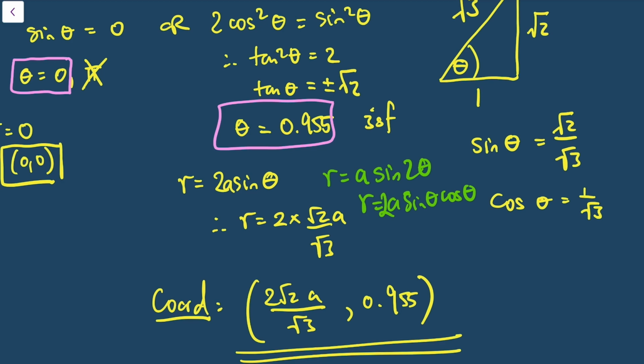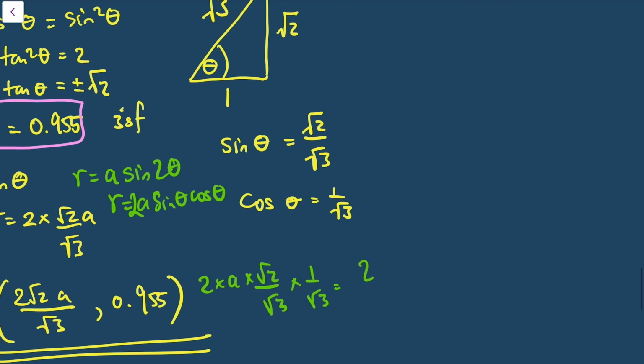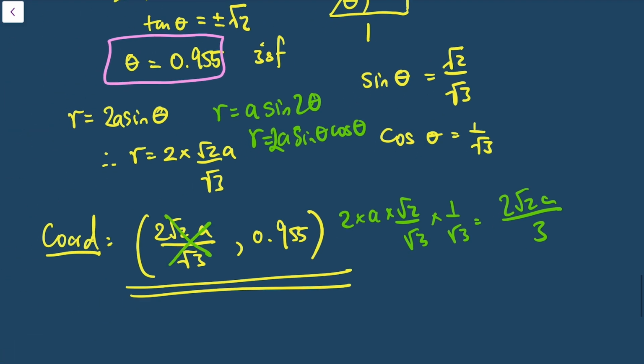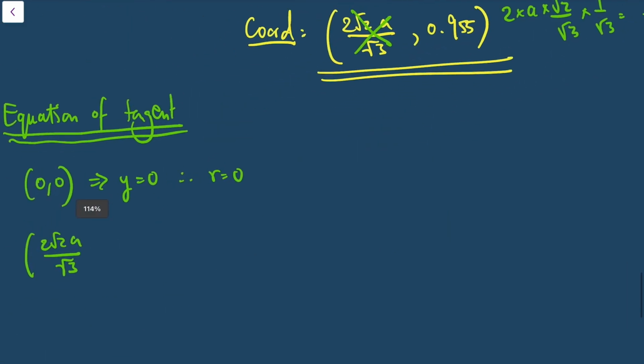So I actually have 2 times a times root 2 over root 3 times 1 over root 3, which gives me 2 root 2a all over 3, not this bit. Okay, so let's just continue with that. 2 root 2a over 3, and my angle is 0.955.